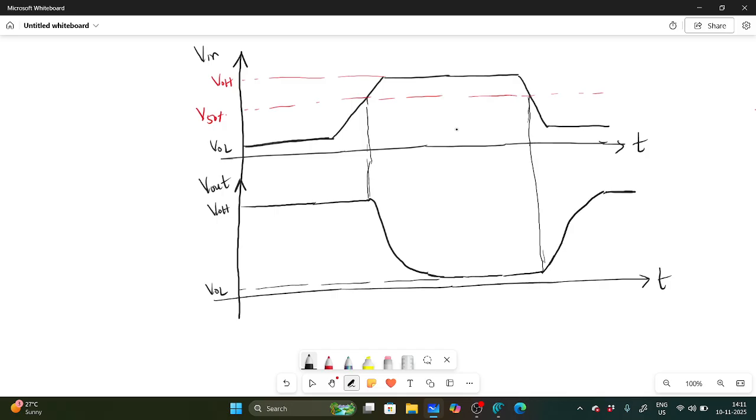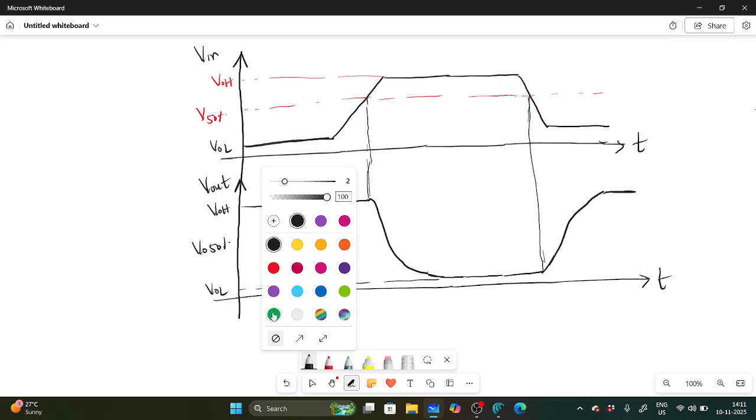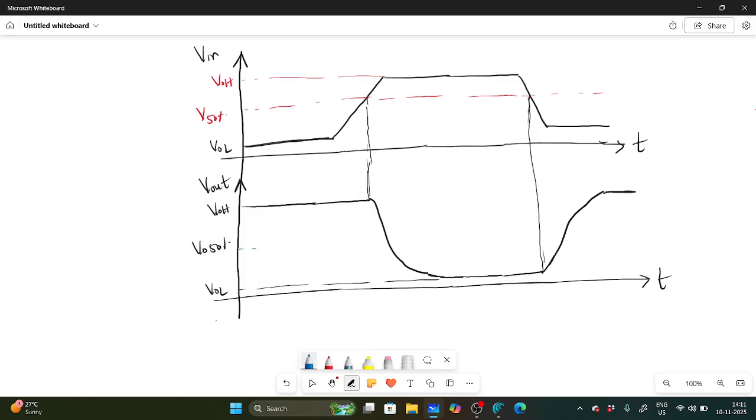So if you draw the output with respect to 50%, this is the output with respect to 50%.